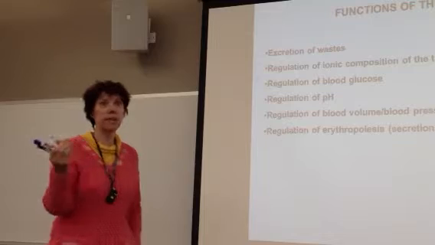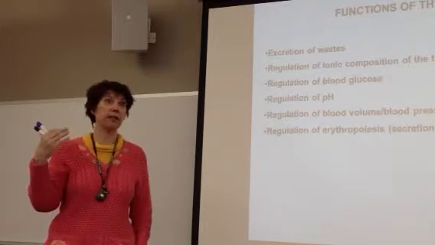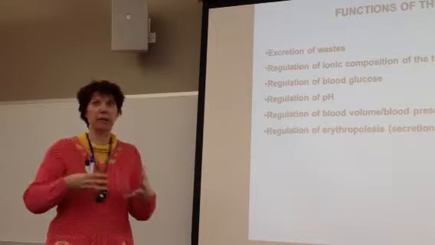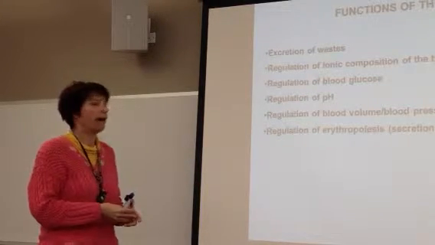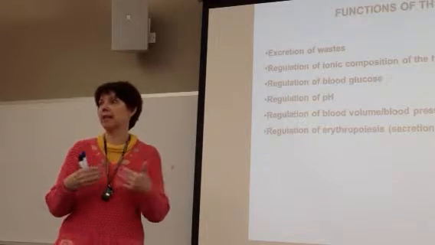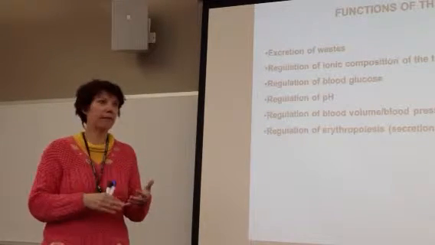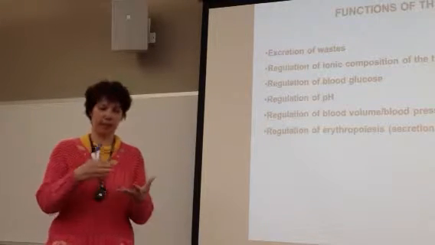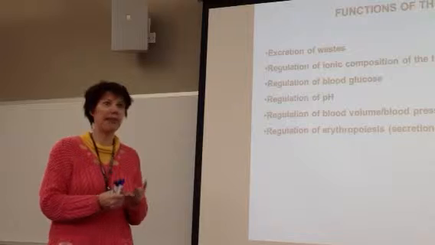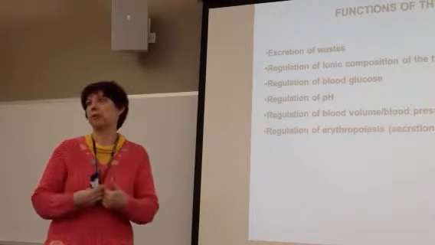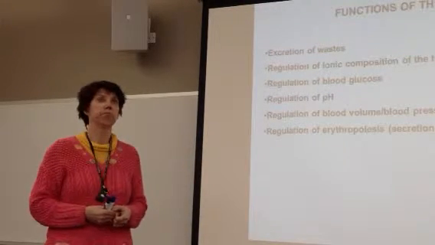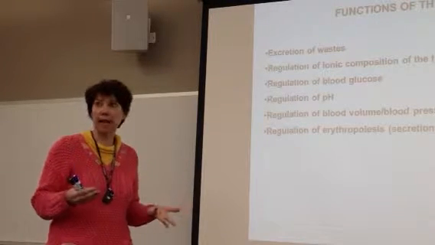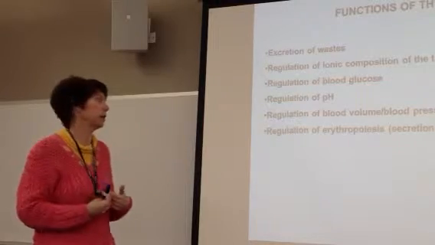And so sodium ions, potassium ions, amino acids, glucose are all molecules that are small enough to pass across that membrane, through the pores. However, we don't have those components in our urine. So we don't have amino acids as a normal urine content unless there's some disease process. We don't have glucose unless you're diabetic and you have too much glucose to be reabsorbed. We reabsorb almost all of the sodium ions.